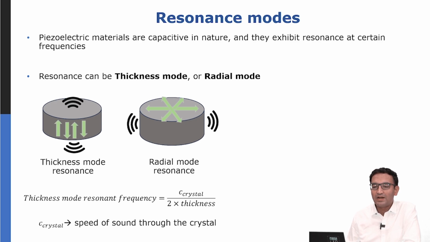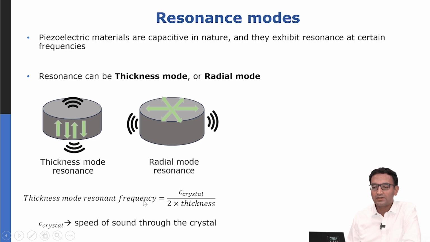When you provide strain to it, it can generate resonance in either thickness mode, which is the first case, in which the pressure will be transmitted in this manner, or it can be in the radial mode, in which the oscillations happen in this manner. For ultrasound, we would like the pressure to be propagated along the axis of the transducer, and therefore we prefer the thickness mode resonance and not the radial mode resonance.